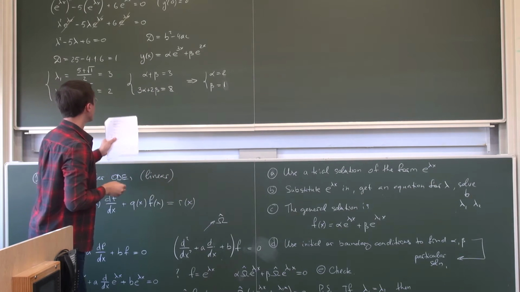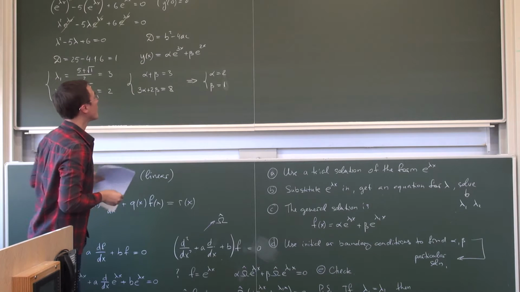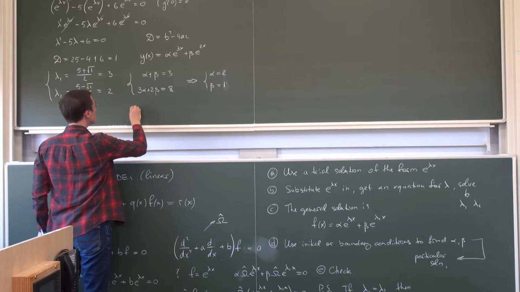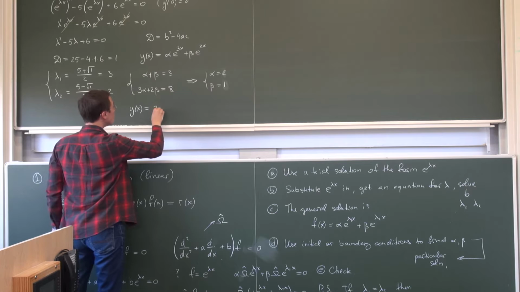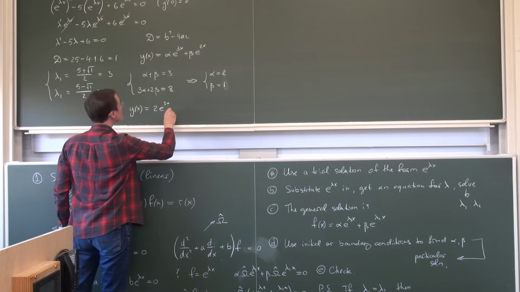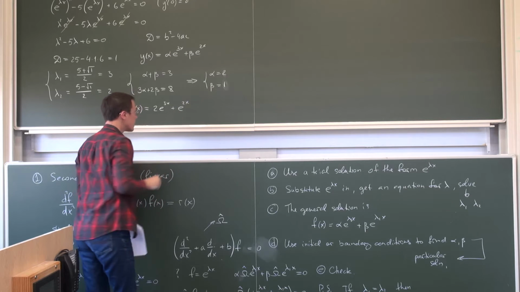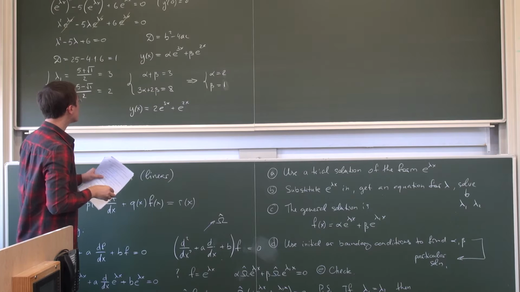This I think is going to work, so this is 6 and that is 2 and that is 8. And therefore our final solution, y of x is 2e^3x plus e^2x. And that hopefully corresponds to my handout, and it does.